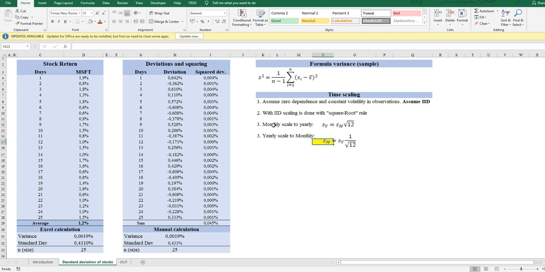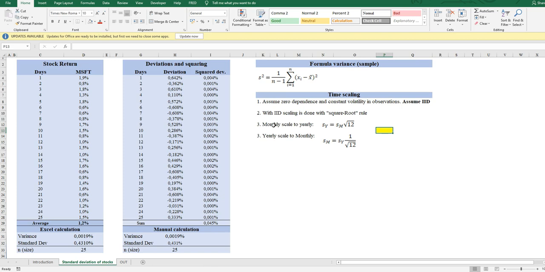And here, if you like to have monthly numbers but you have yearly, you need to multiply the yearly standard deviation with a factor 1 over square root 12. And this is used in practice all over.